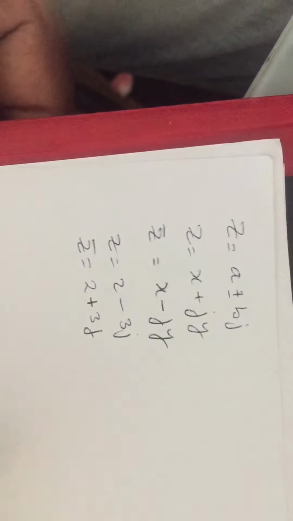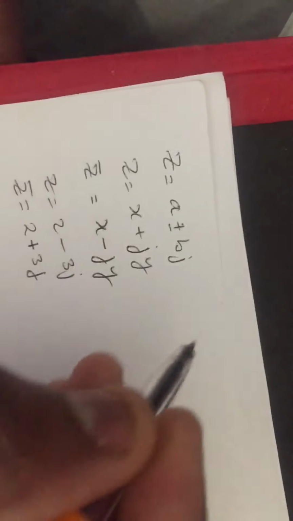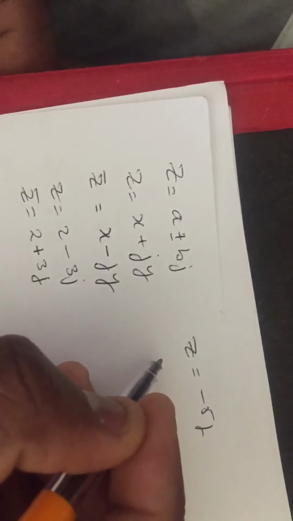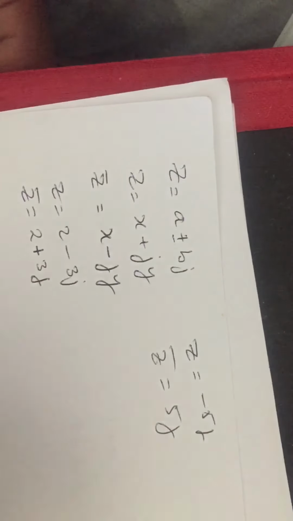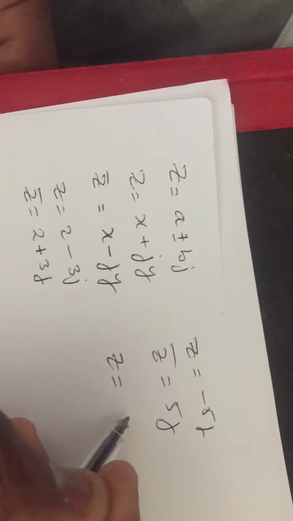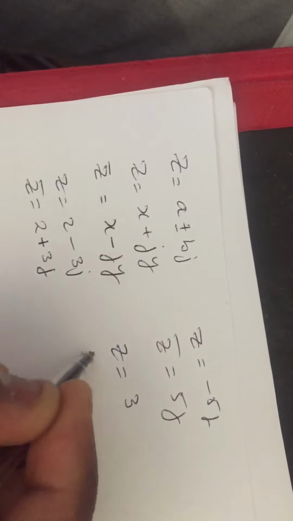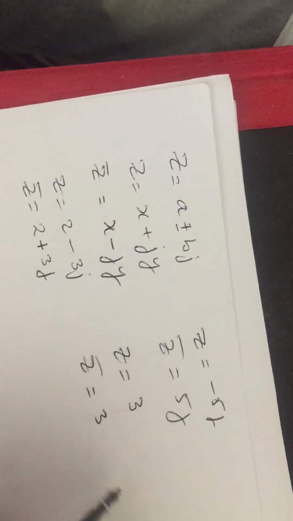Now let's see, if you have z equal to minus 5j, your z bar will be equal to 5j. Now if you have z equal to 3, your z bar will be equal to 3 only, because you don't have the imaginary part.